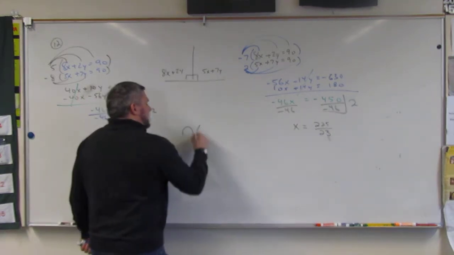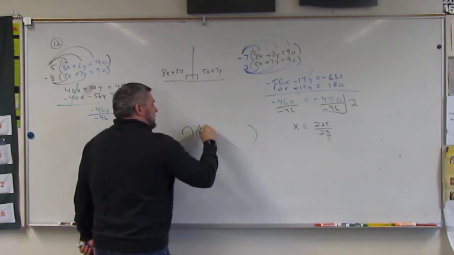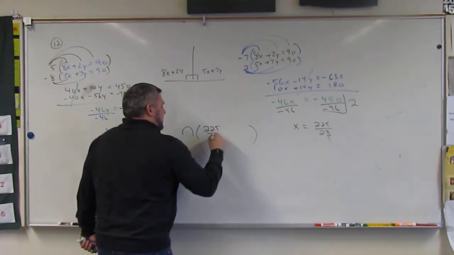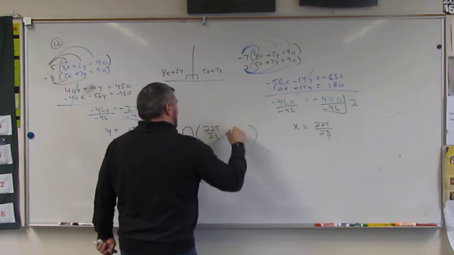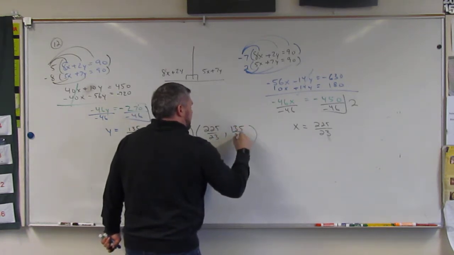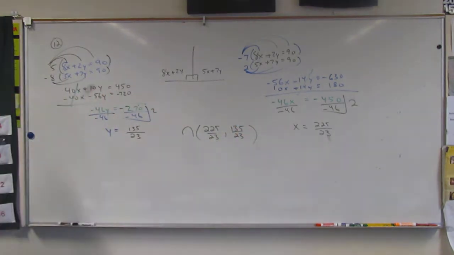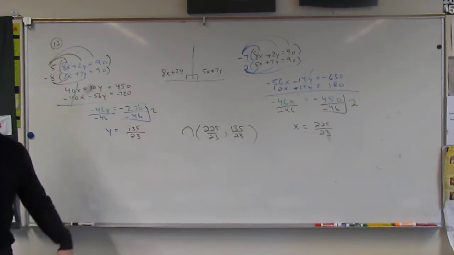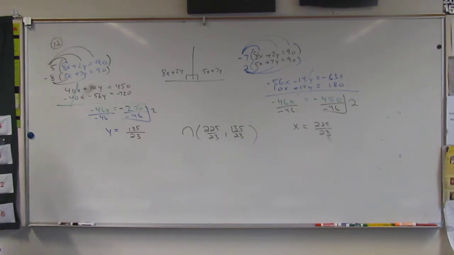So our intersection is going to be at 225 over 23 and 135 over 23. And we can divide that out if we want and put it in numbers, right? So like 23 goes into 225 how many times?